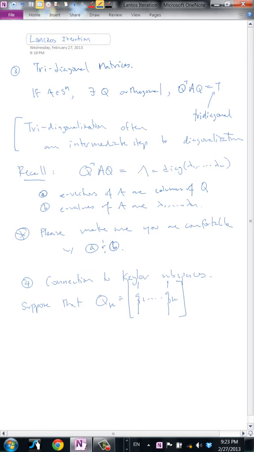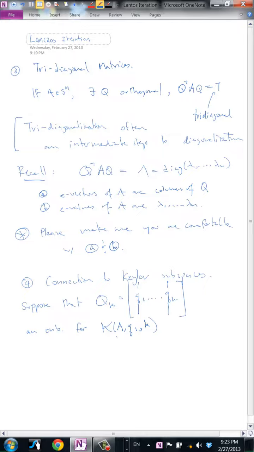So suppose that this is an orthonormal basis for the Krylov subspace of level k. So clearly q1 is an orthonormal basis for the Krylov subspace of level 1, because that only contains the span of q1.